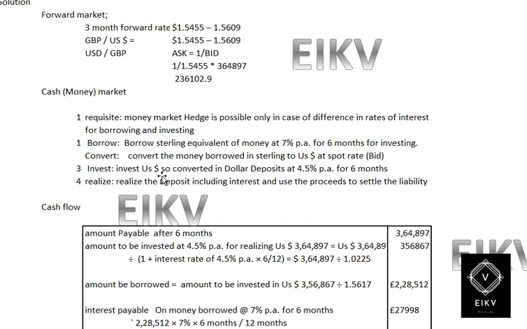The third action would be to invest in USD. So the converted dollar amount would be deposited at 4.5% for 6 months. Number 4, realize the deposit including the interest and use the proceeds to settle the liability.